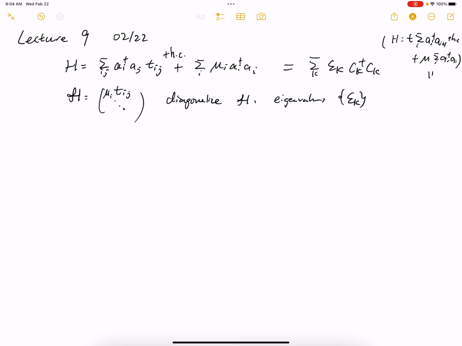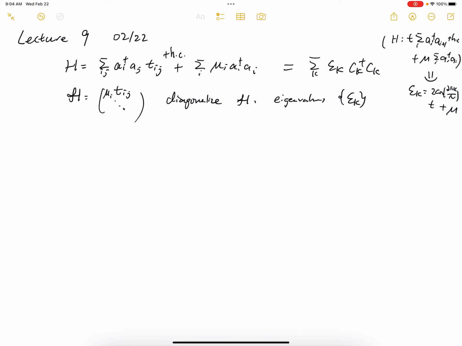So in this case, we can find this epsilon_k, the single particle energy spectrum. Analytically, it becomes 2t times cosine of 2 pi k over n, plus mu. So that's the expression.